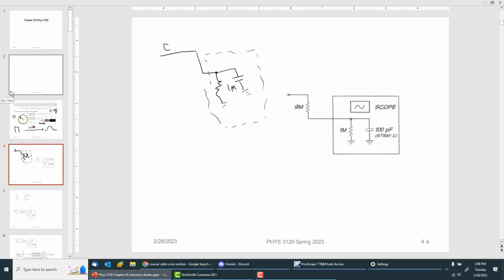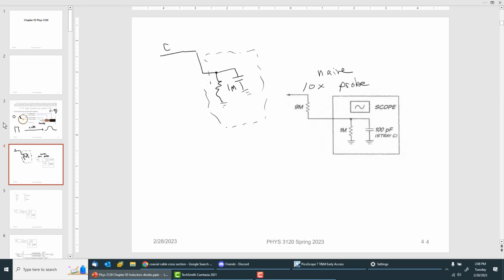So we try to overcome that by making the 10 times probe. So this is a naive 10 times probe. And it's naive because it doesn't address the stray capacitance.